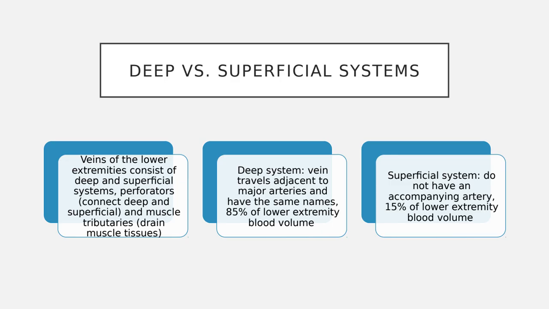Our muscle health is very important when we're talking about the venous system in the legs, because we just said that there are muscles literally dedicated to helping contract our veins to send up that blood flow to account for gravity in our lower extremity. So tributaries drain the muscles, perforators connect the two systems. Tributaries and perforators are not necessarily part of either system. They're supporting veins.